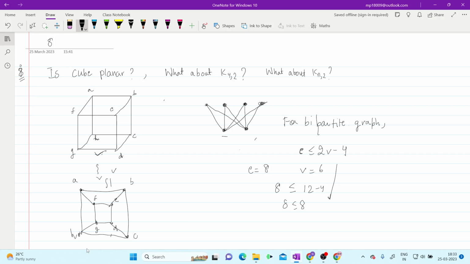If these are my vertices, can you give me an isomorphic graph using these vertices only, where no edges are intersecting? Any suggestions?